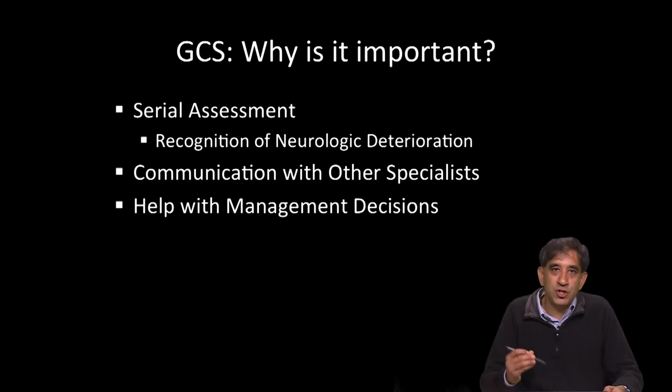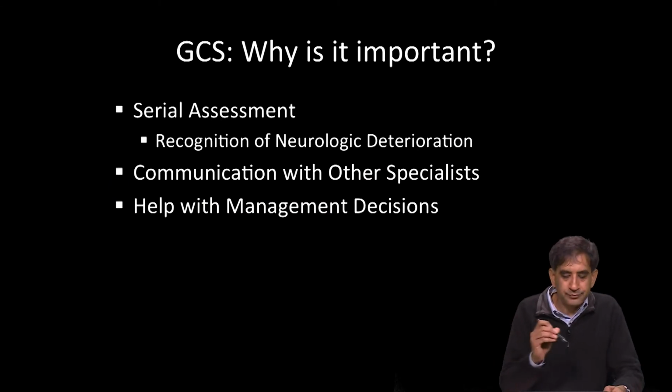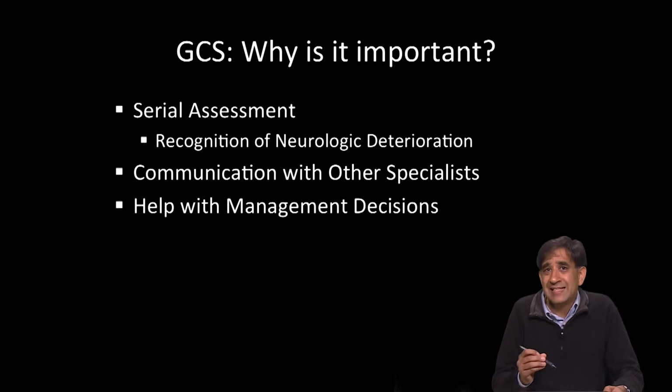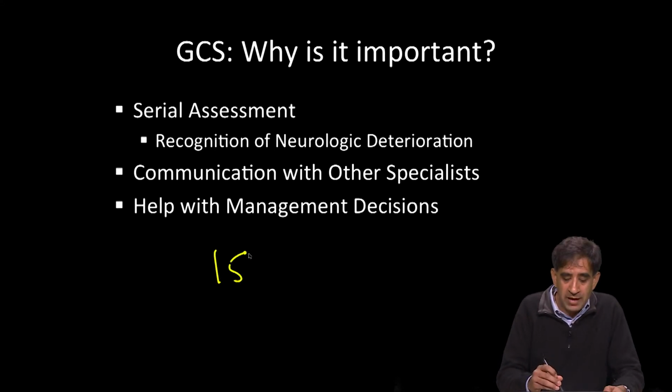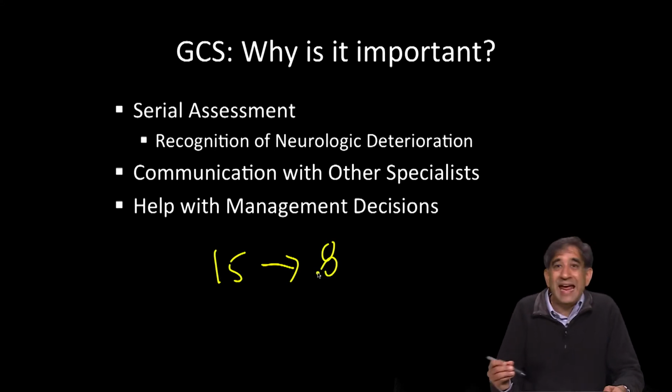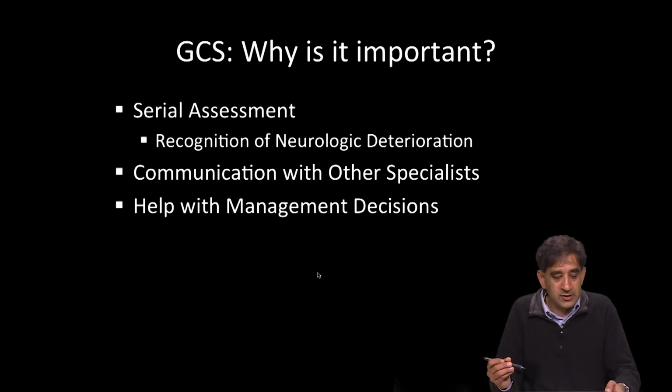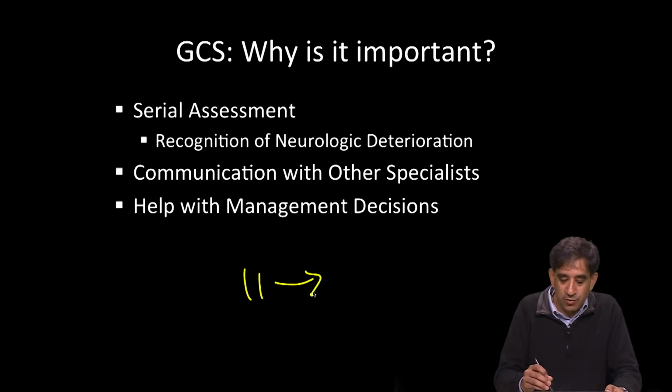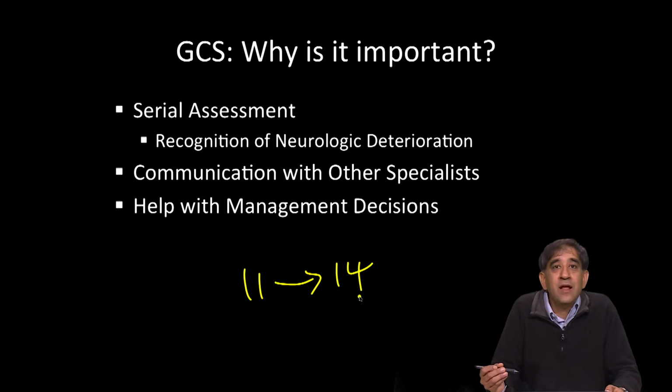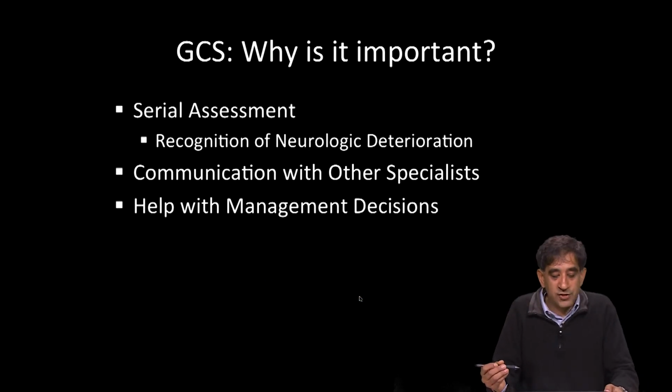Why is determining the GCS important? Certainly, we can assess it serially. So if you go from a 15 to an 8, that obviously is concerning. If your GCS improves from 11 to 14, that also is helpful. So we can use the GCS for serial assessment.